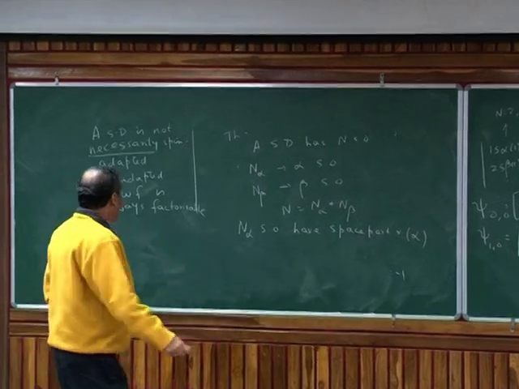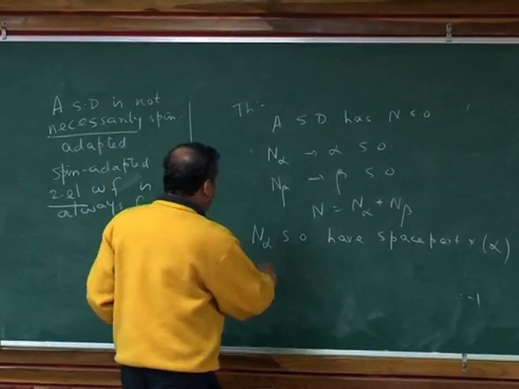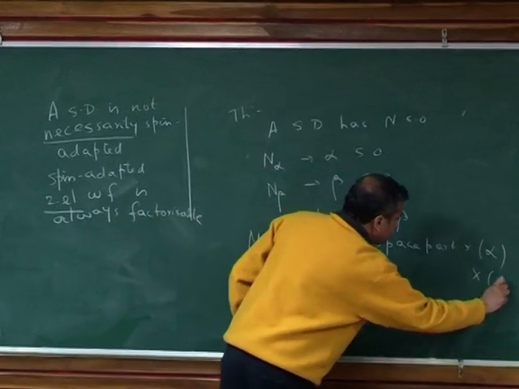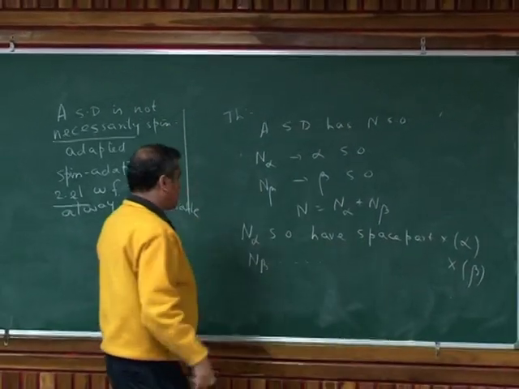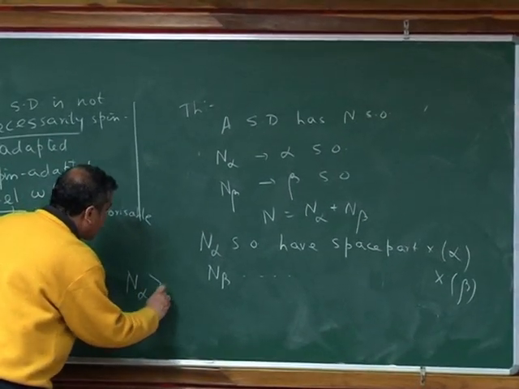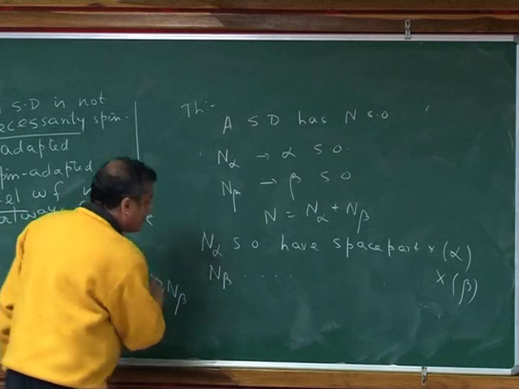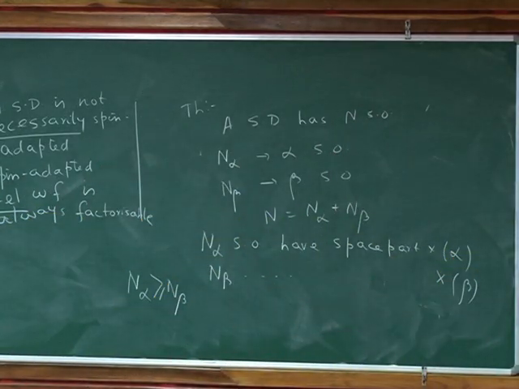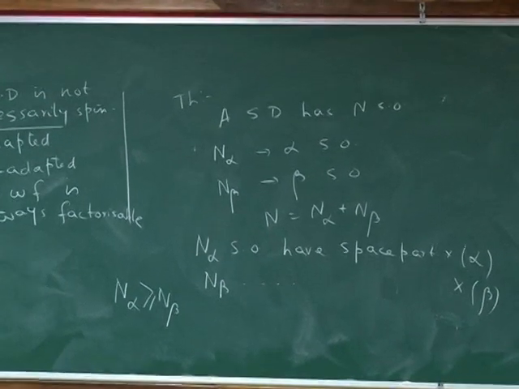Just remember this. So n alpha has some space parts, n beta has some space parts, multiplied by beta. Now let's assume n alpha is greater than or equal to n beta. It can be equal or greater, so one of them is larger.